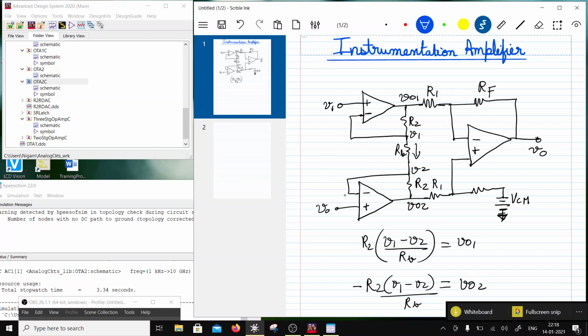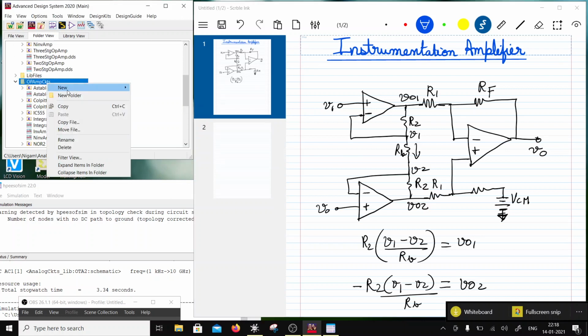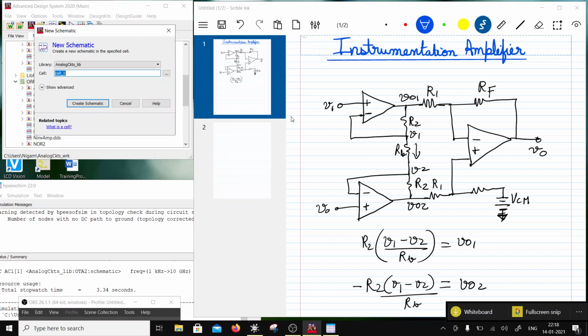Second thing is, because it is differential, the common mode noise is going to cancel out, right? So in case of very weak signals where the noise may dominate, you can have a differential signal, so you would be able to cancel out common mode noise. So let's go ahead and make an instrumentation amplifier.